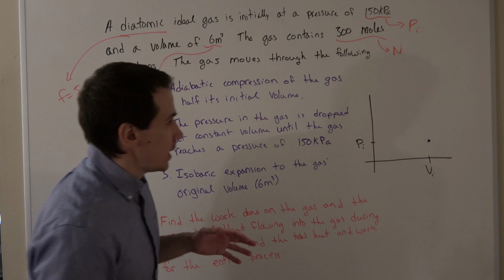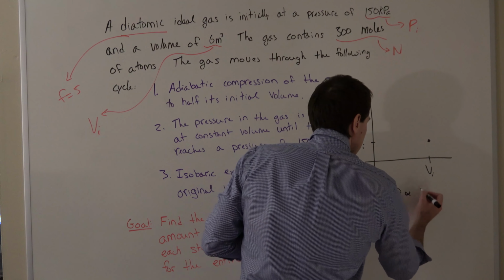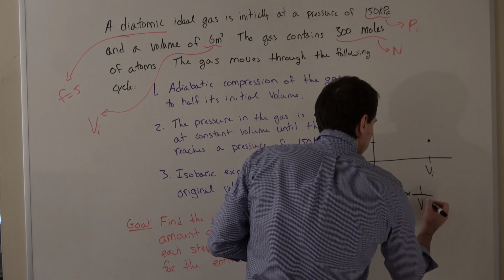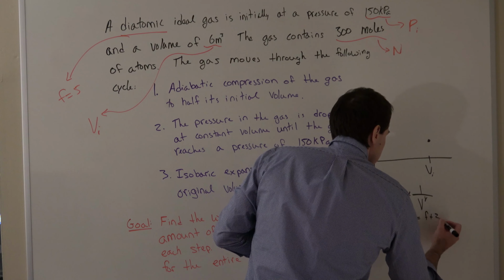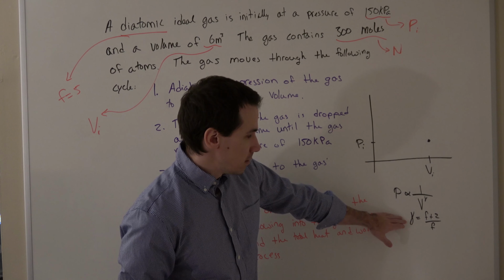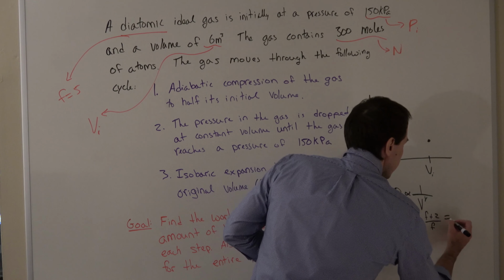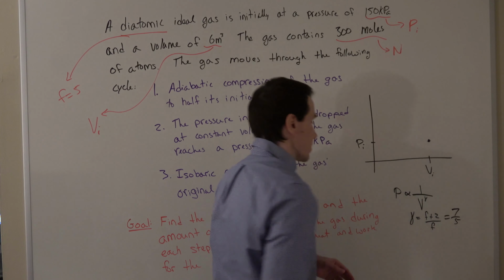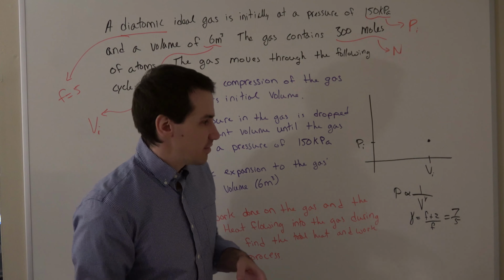For an adiabat, P is proportional to 1 over V to the gamma, where gamma is a function of the number of degrees of freedom. In this case, this is going to be 7/5. So the pressure is going to be proportional to 1 over V to the 7/5.